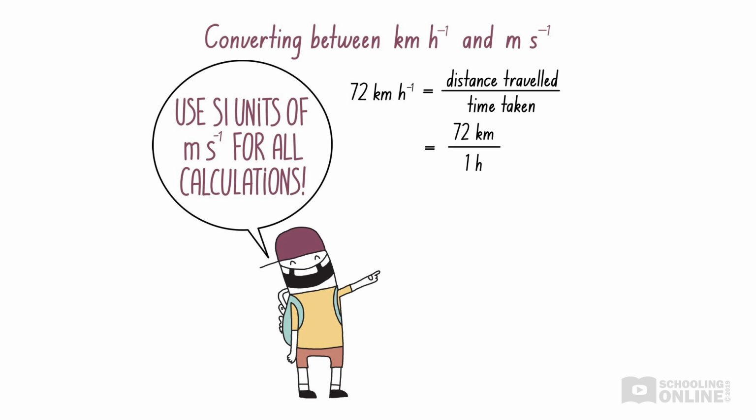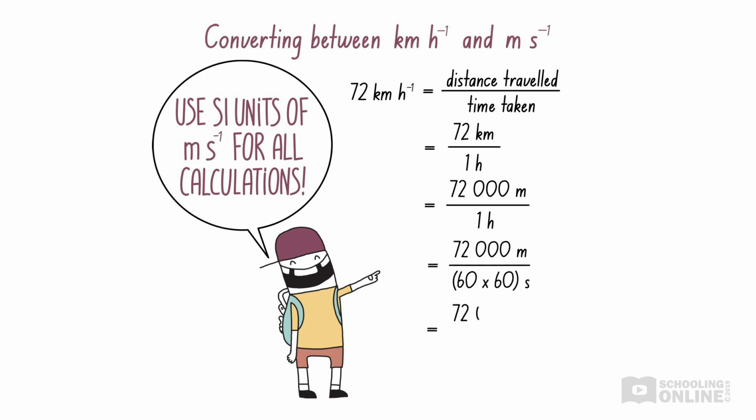Then, we convert the distance, 72 kilometres, into 72,000 metres. Finally, since there are 60 minutes in an hour and 60 seconds in a minute, 1 hour is the same as 3,600 seconds. Simplifying the fraction gives us the speed 20 metres per second.